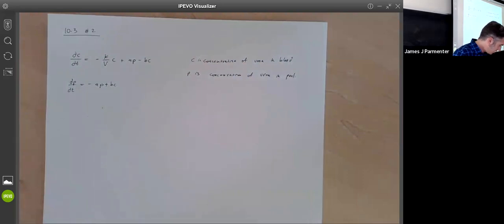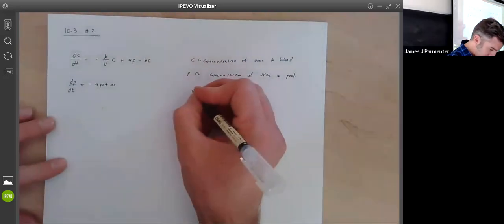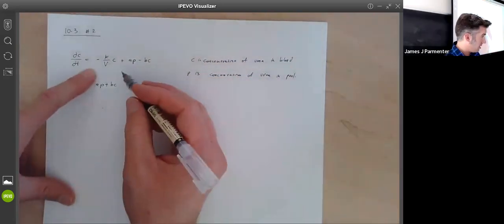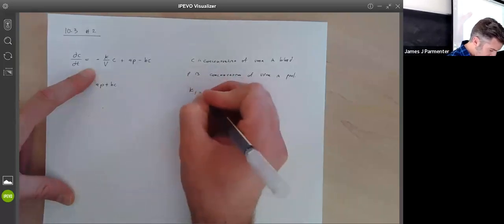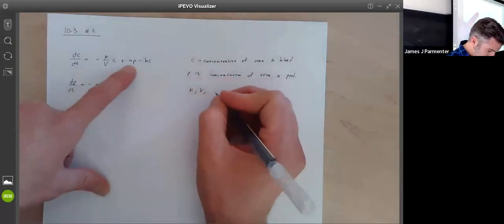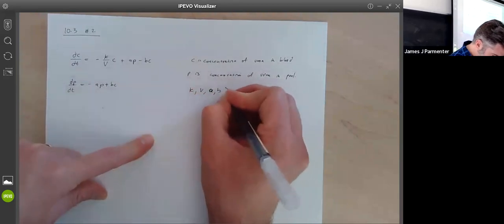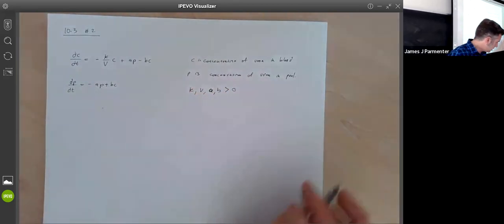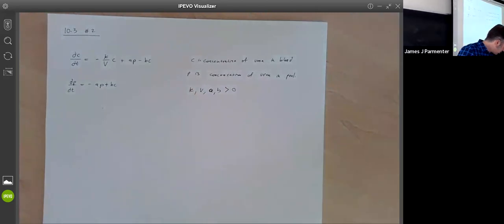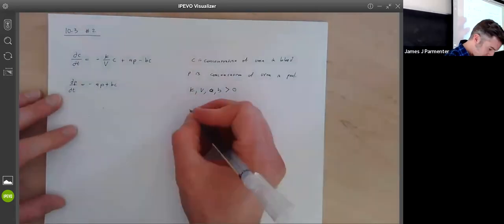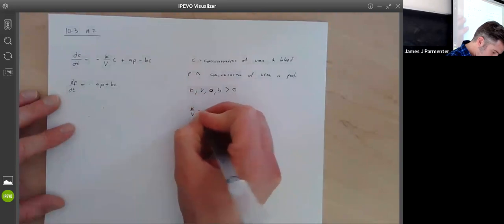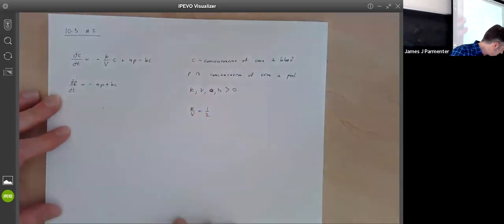So when they say all constants are positive, it's worth noting that the constants, which there are many, right? There's K, V, A, and B. Those are all positive. Additionally, we're going to suppose that K over V is equal to 1.